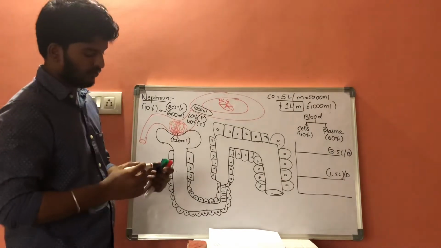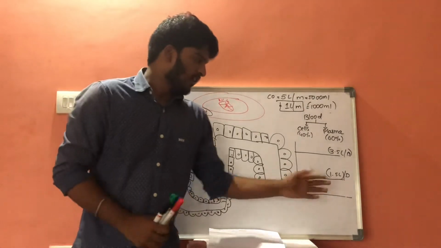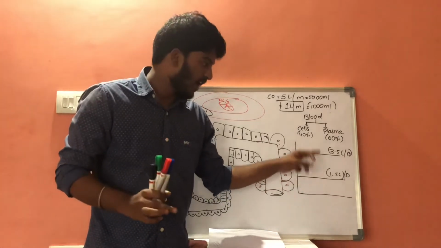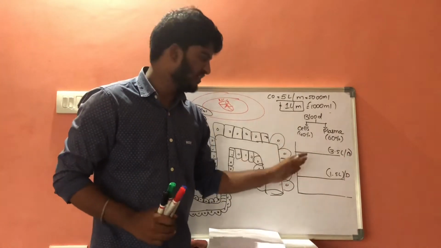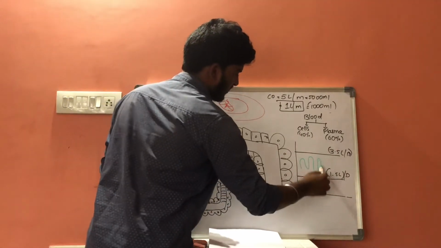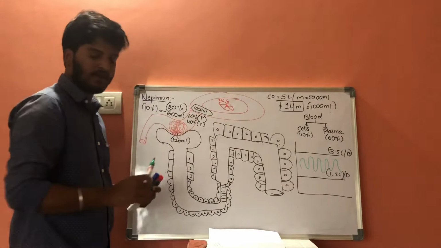So these are normal conditions. The normal condition is more than 1.5 liters and less than 3.5 liters per day. This is about normal condition.